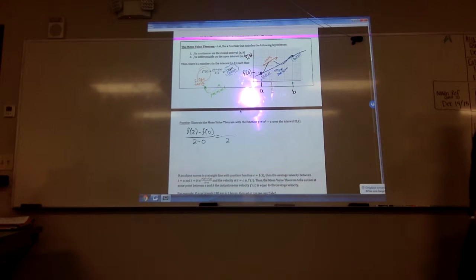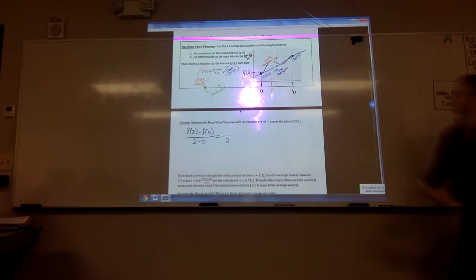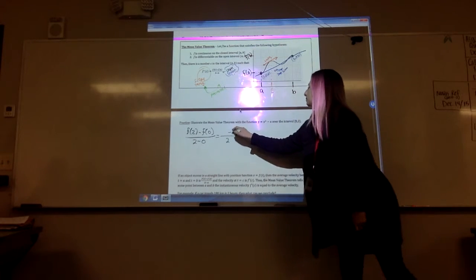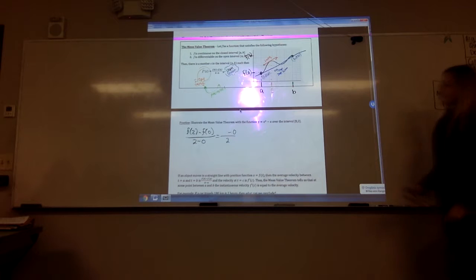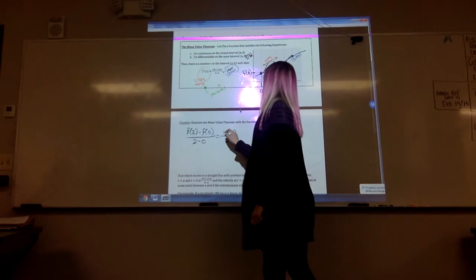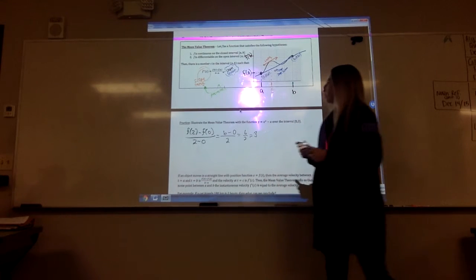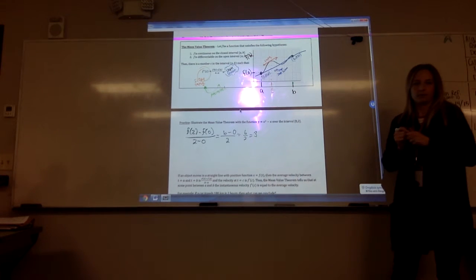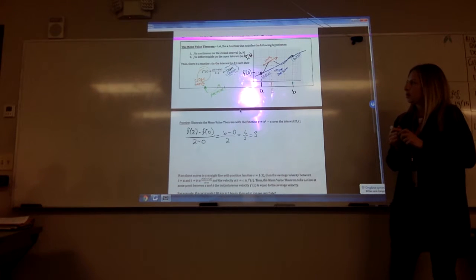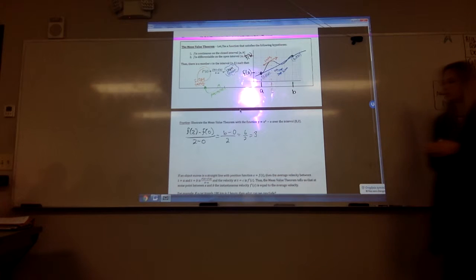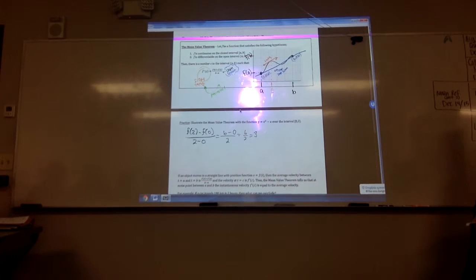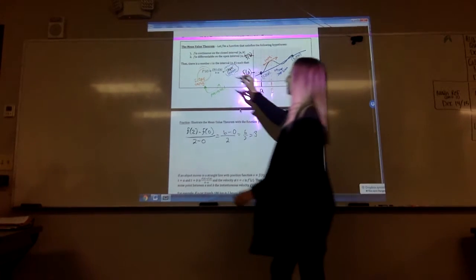Well, it's just 0. 6. So we get 6 over 2, which is 3. So that's the slope of the secant line, right? There has to be some value on our tangent where the slope is 3. So we've just done this part.